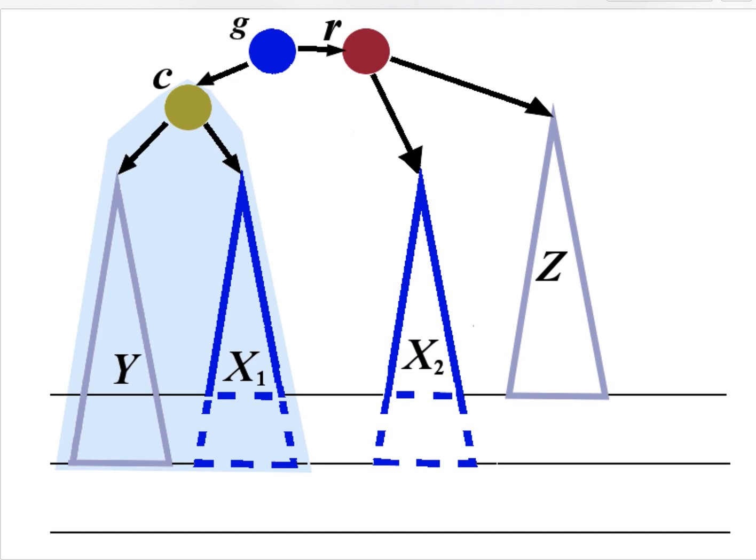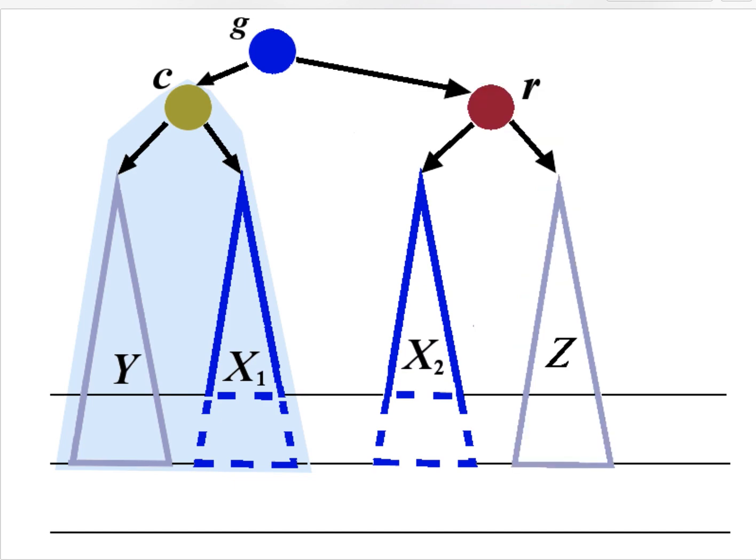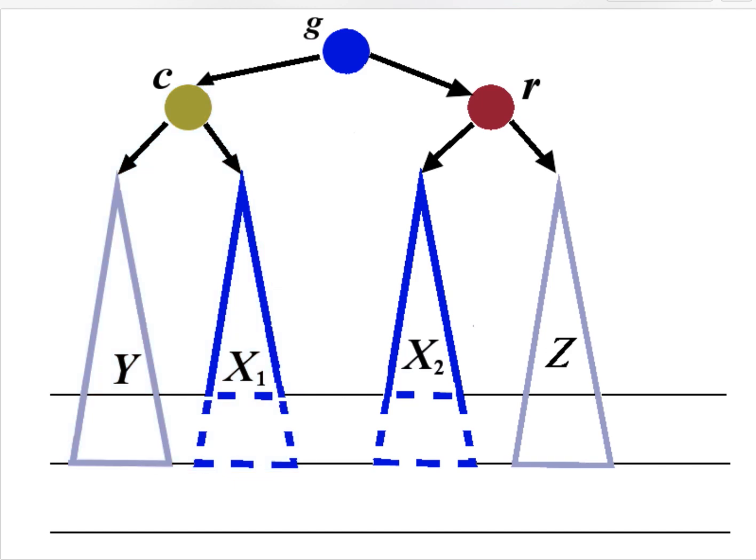This pulled the node C and the subtree Y and X1, so they don't reach crazy heights as before. R is pushed away from the root level to the child. And just one more aesthetic move, I'm going to unshade, to move this G a little bit to the center so you can like this picture a little bit more, and unshade this tree.